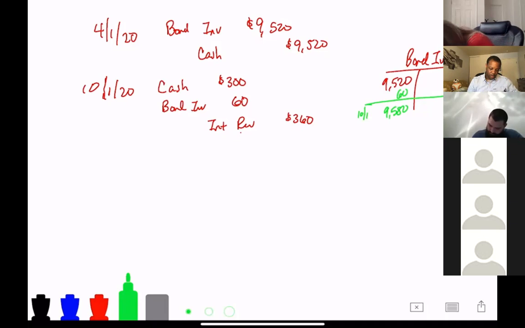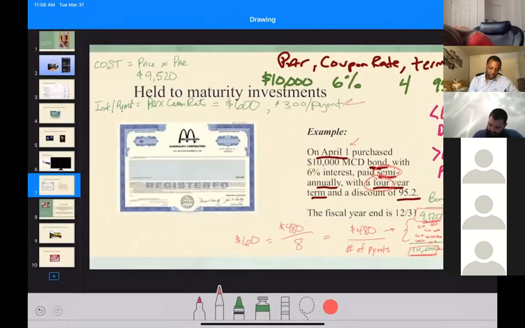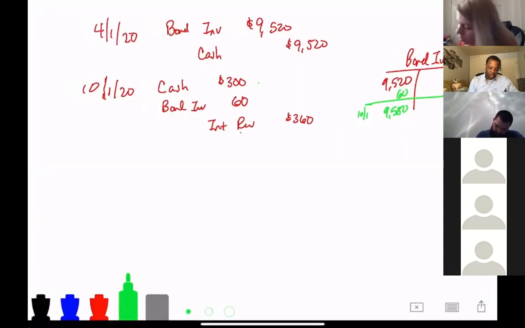All right. So the 300 came from here. The 60 came from here. And then this 360 is just the sum of this and this gets us 360.